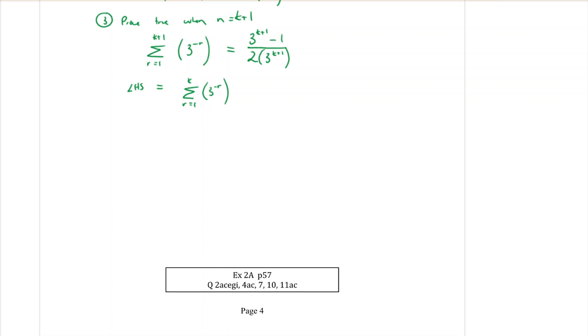There's the first part, the first k terms, and then I have 1 extra term, which is where I have k plus 1 substituted in where the r is. So in other words, negative k plus 1 up here. Do you see what I've done?